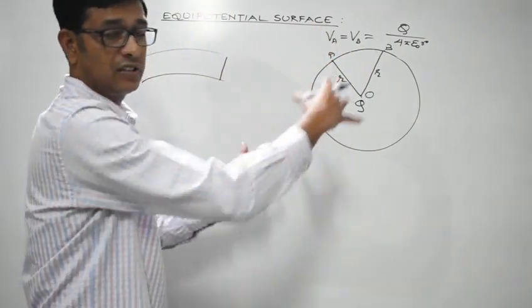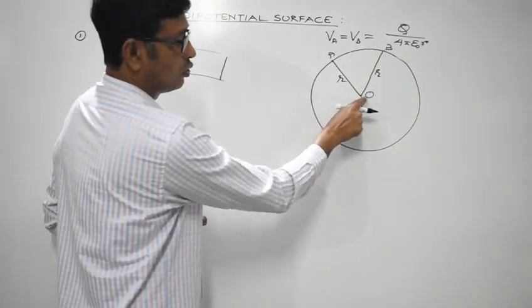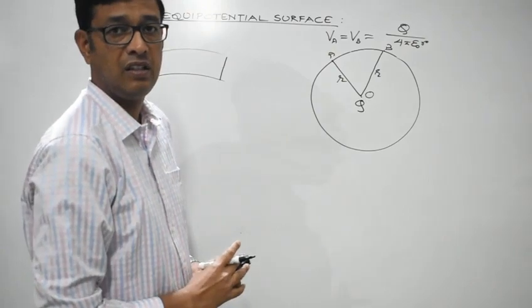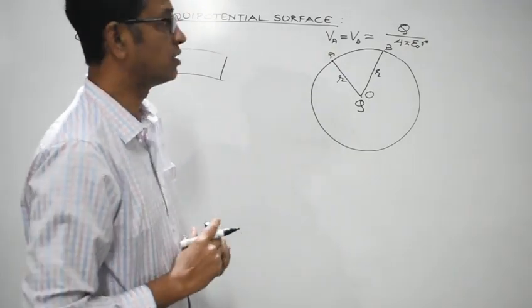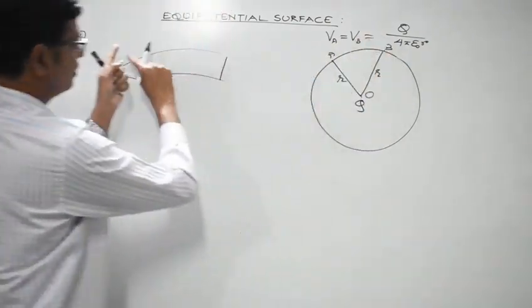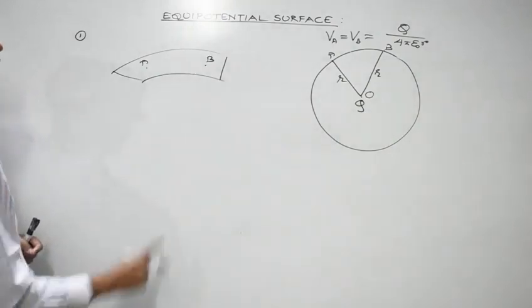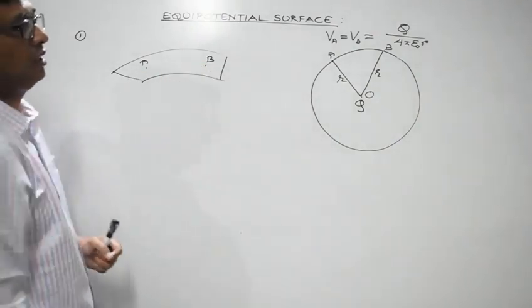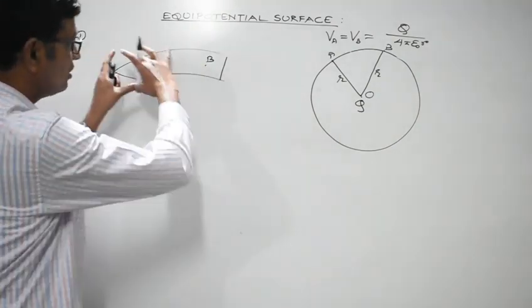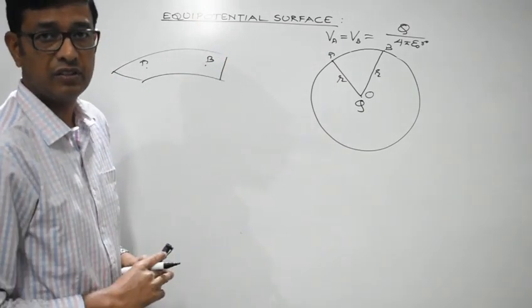So any part of this hollow sphere at the center of which this source charge is imagined to be placed can be treated as an equipotential surface. So I have taken a small part of this hollow sphere. So this is point A and this is point B. So these are the 2 points which are at the same potential. So this surface may be considered to be an equipotential surface.